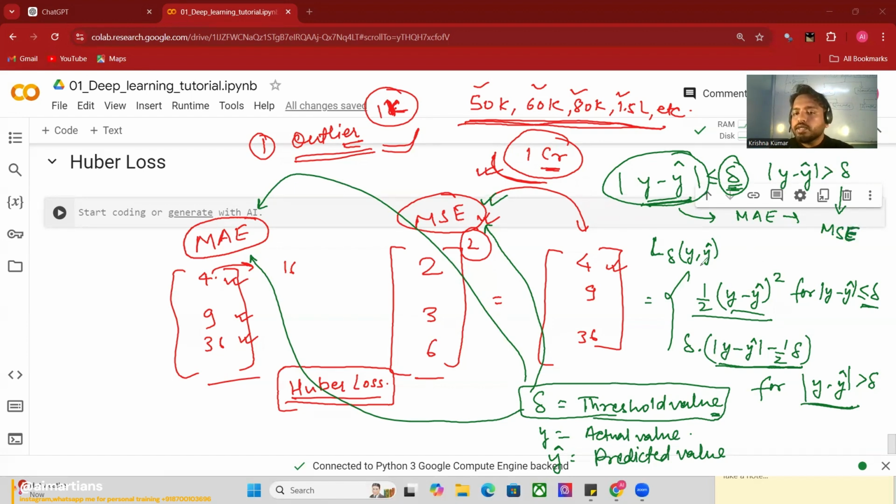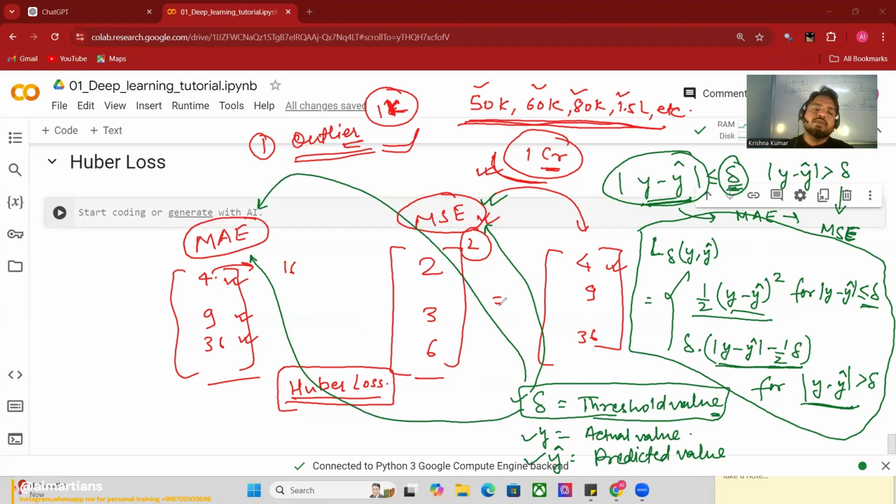Okay, so this is the formula of Huber loss. Please make a note of it if you want, because this thing you have to understand. Now I told you what is a threshold value, what is y actual value, and y cap is the predicted value. This is the formula.